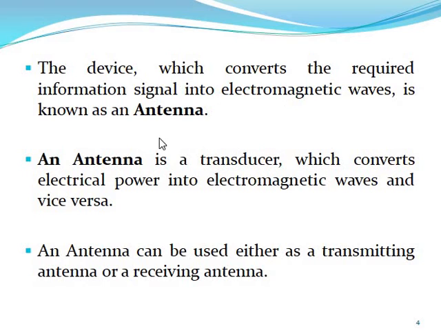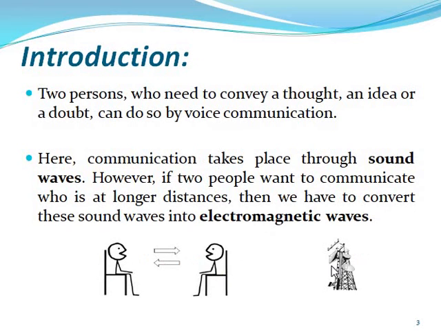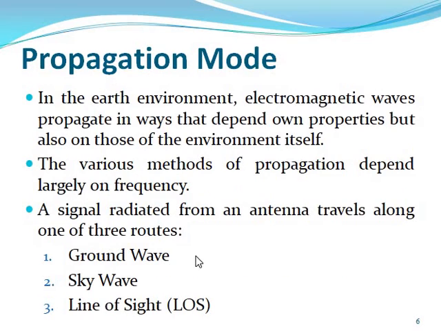Antenna is a transducer which converts electrical power into electromagnetic waves, and also converts electromagnetic waves into electrical power. So what is the antenna? It is a transmitter as well as a receiver. The signal is transmitted and converted into a waveform, and also when the receiver receives it, the signal is received in information form. So this is the antenna.